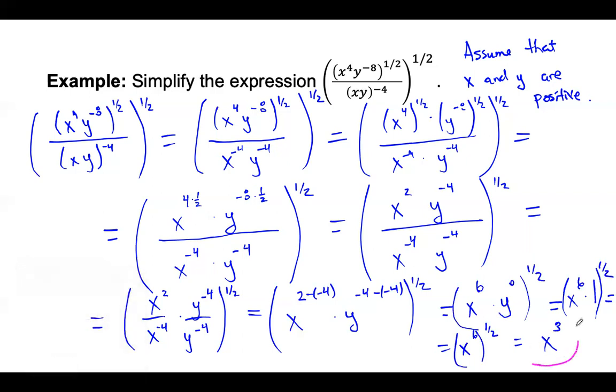Did you guys get that? Yes? Now when we see y to the -4 over y to the -4, we just cross those out and then move on. Yeah, you could. That's perfectly fine too. Like I said, there's more than one way to do this.